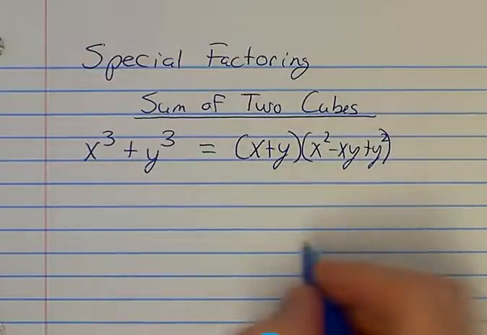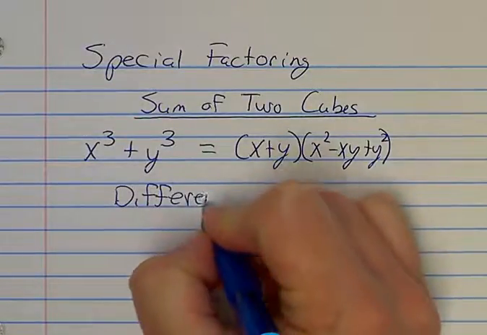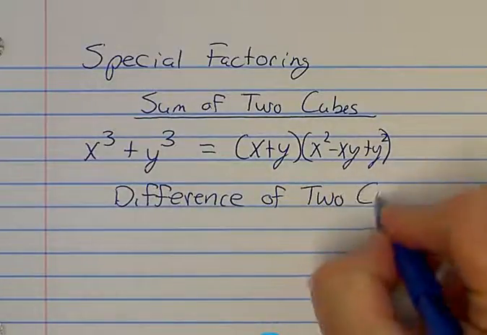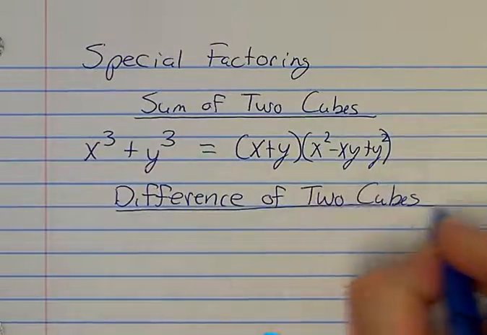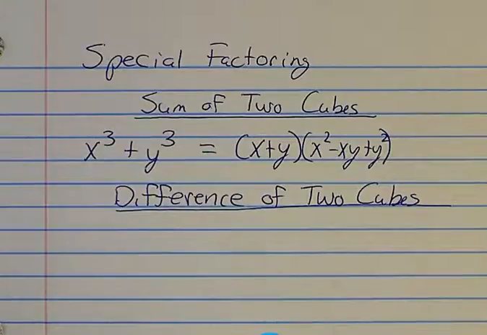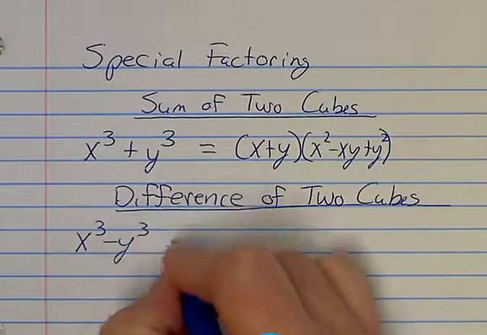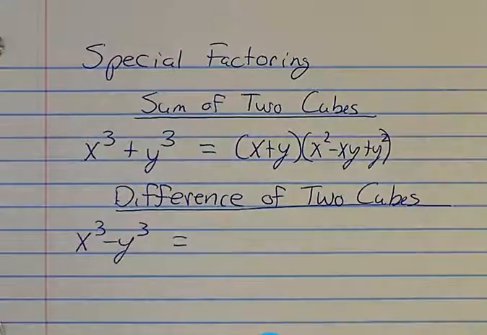If it's the difference of two cubes, it's the exact same setup. We're just going to change a couple of signs. So if it's the difference, we're just going to change that x cubed plus y cubed to x cubed minus y cubed.